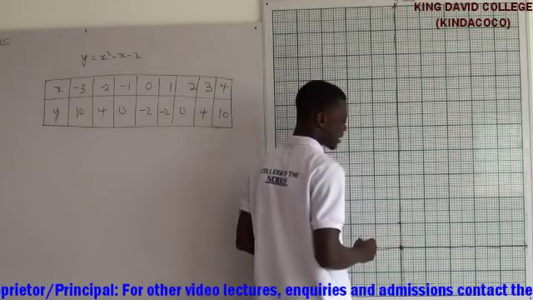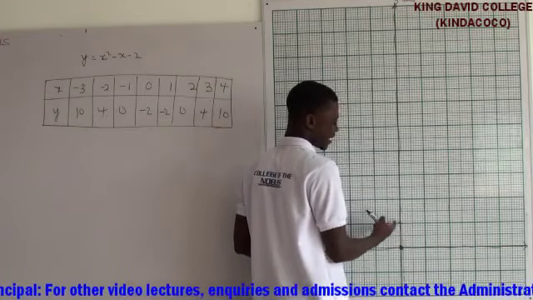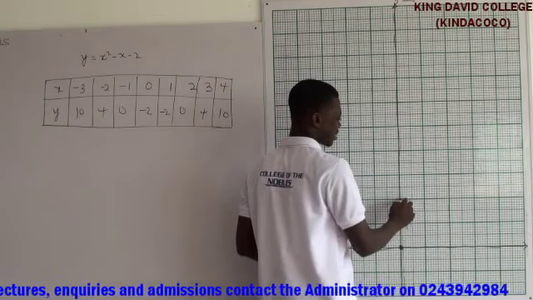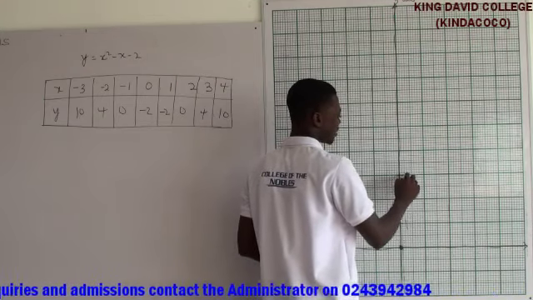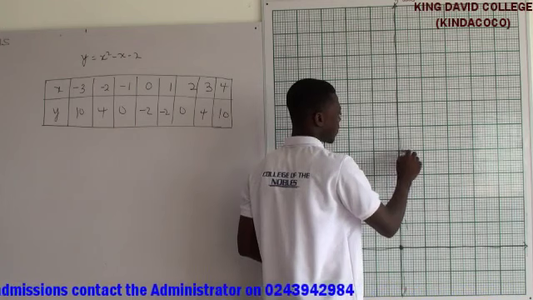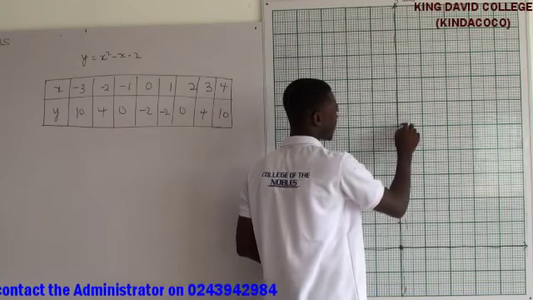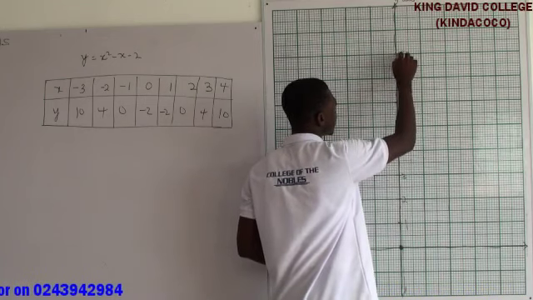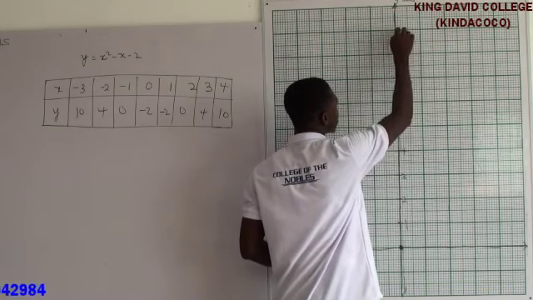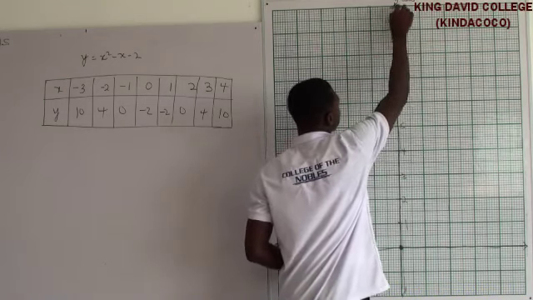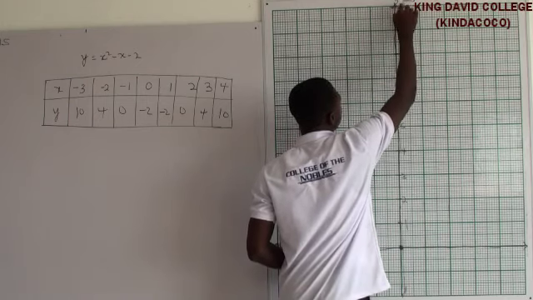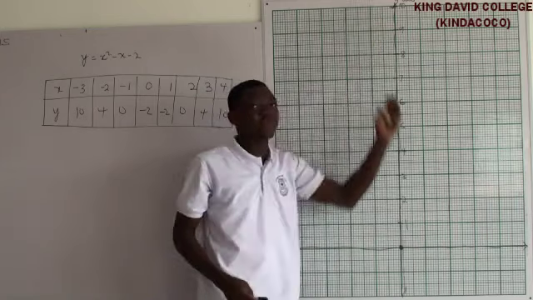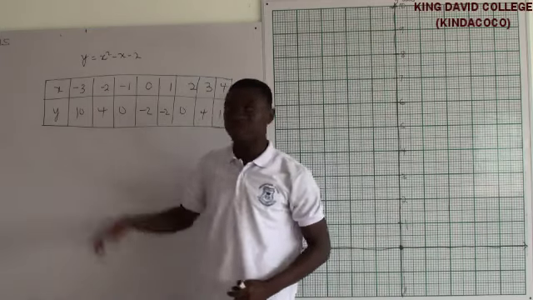We are using 2 centimeters to 1 unit. So every 2 centimeters, 1 unit. So 1, and then this is 2, this is 3, this is 4, this is 5, this is 6, this is 7, this is 8. This is 9, and then that is what? 10. So I've been able to create more space for my positive up to the highest value, 10.